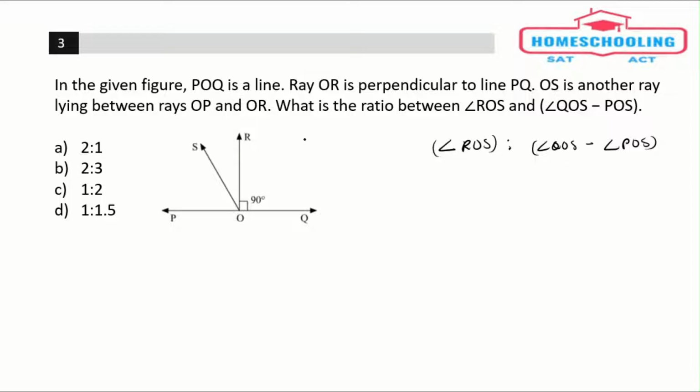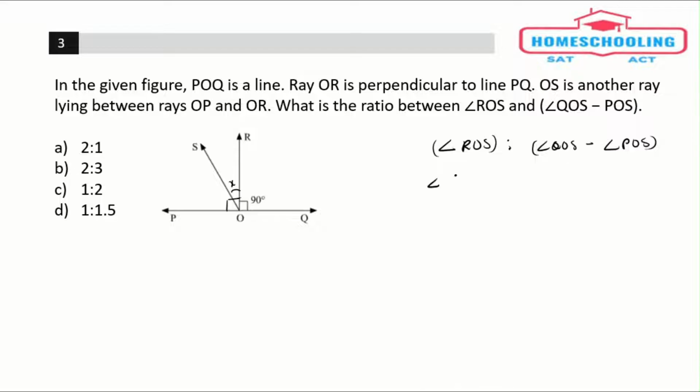So let's take angle SOR equal to x. As we know that this is a linear pair, the sum of all the angles would be 180 degrees. So if this one is 90 degrees, the sum of these two angles would be 90 degrees. So this one would also be 90 degrees.